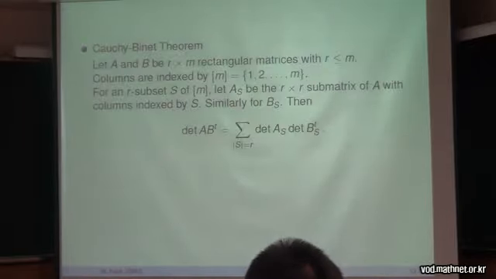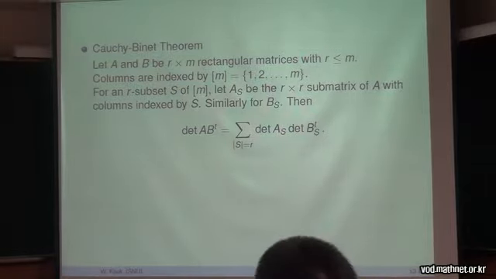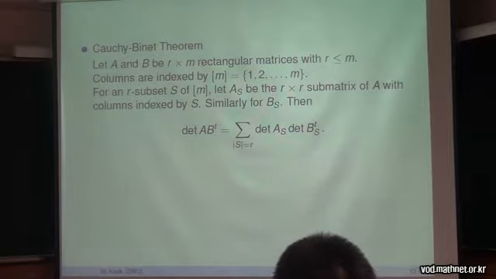Before I state the matrix tree theorem, let's take a look at two lemmas from linear algebra that are going to be used in that theorem. The so-called Cauchy-Binet theorem is really just a generalization of a dot product. If you have two vectors and you form a dot product, then you multiply the corresponding components of the vectors and then add, and that's the dot product.